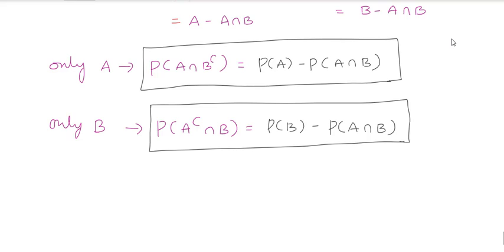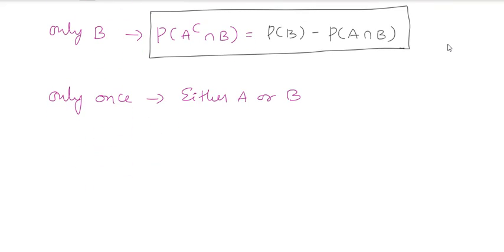Sometimes they will ask you only once. If they ask only once, it means either A or B you have to represent. Delta I use to represent, so probability of A delta B I can represent as this.